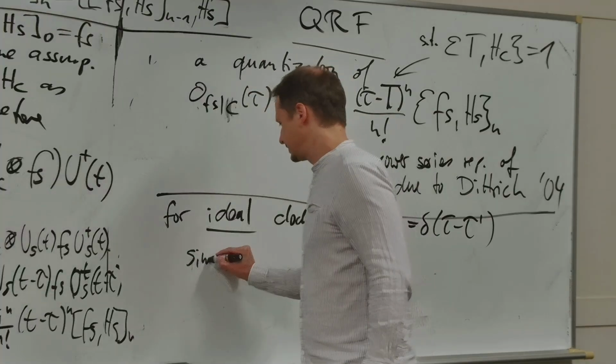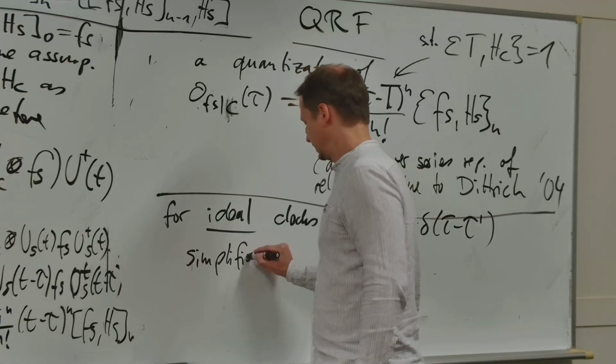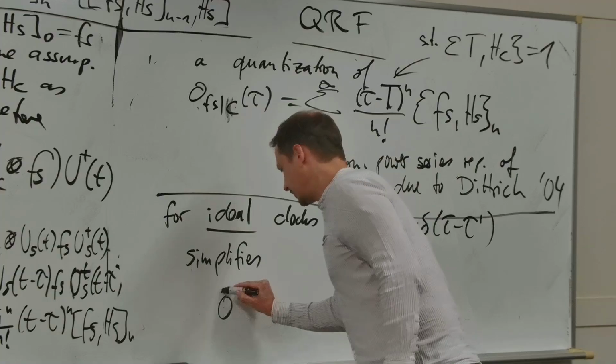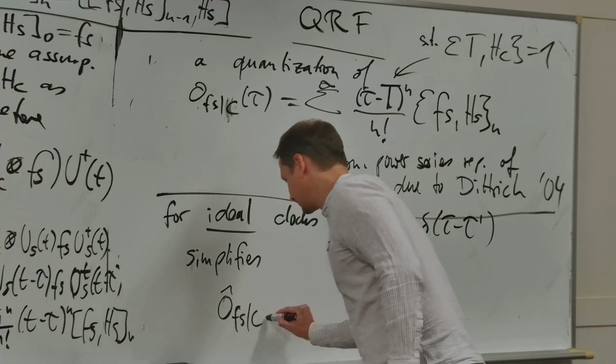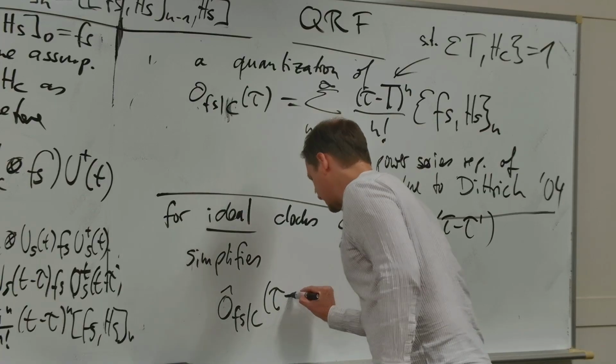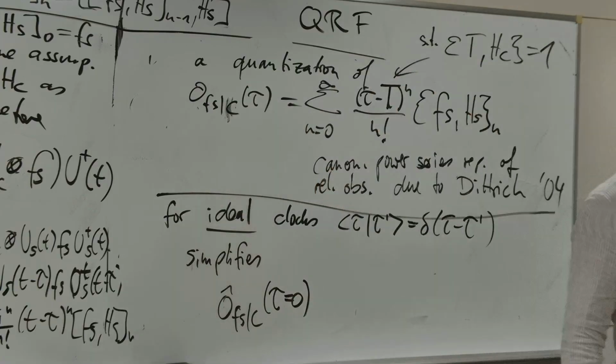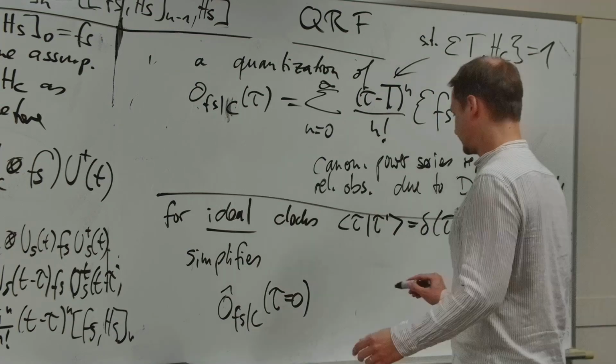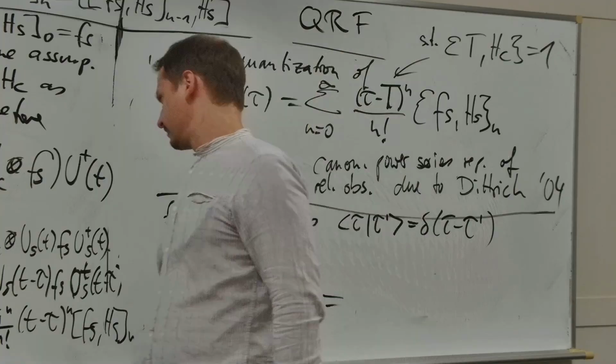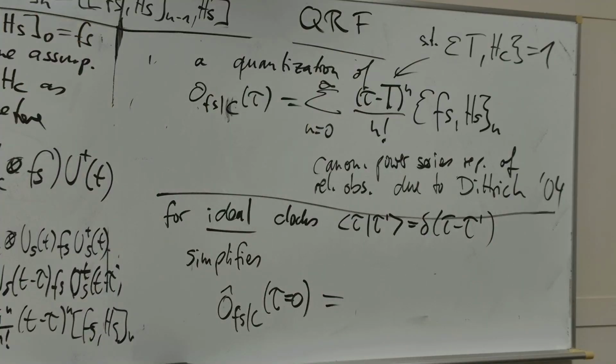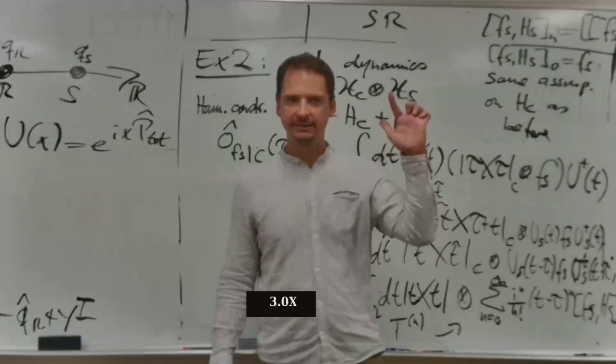It simplifies, and for instance, we can look at O hat Fs relative to C. Let me set tau equals 0 for simplicity. You can work this out. When I have ideal reference frames, these are orthogonal. I can take this integral and throw it into the power series, and I can replace t by t hat.